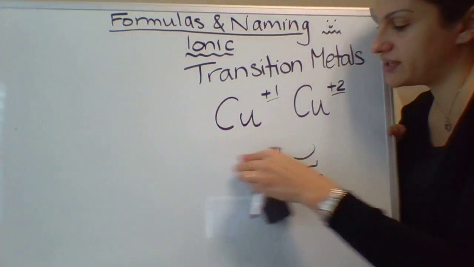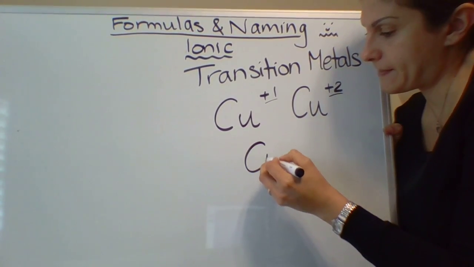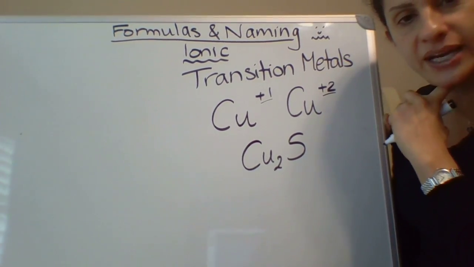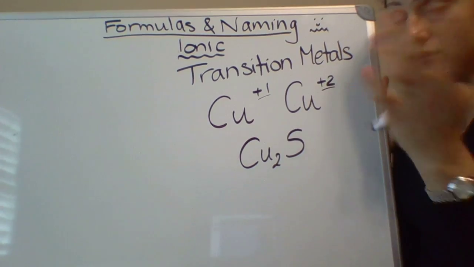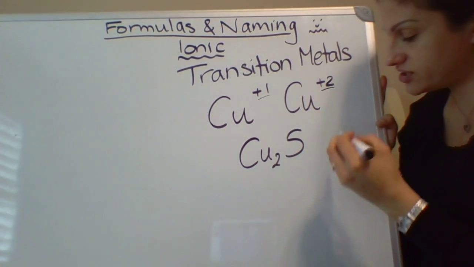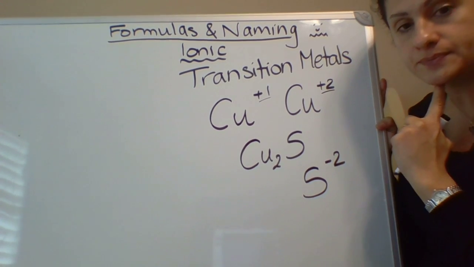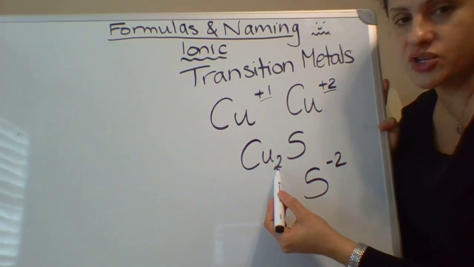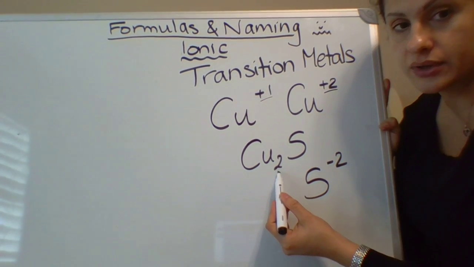I could have given you this. Okay, let's work through this together. Again, sulfur's charge doesn't change. Sulfur has a charge of -2. But in this case, how many copper atoms do I have? I have 2.